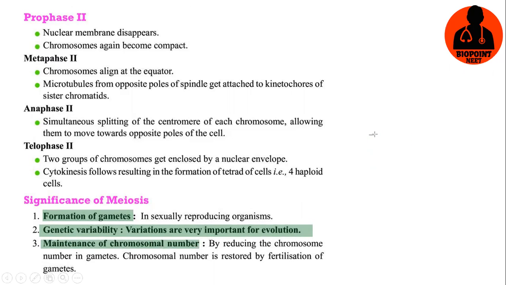The normal chromosomal number is 46 and it gets reduced to 23 and 23 in sperms and eggs, so that after fertilization when these combine we get the normal diploid number, the 2n number of 46. Is that clear, guys?